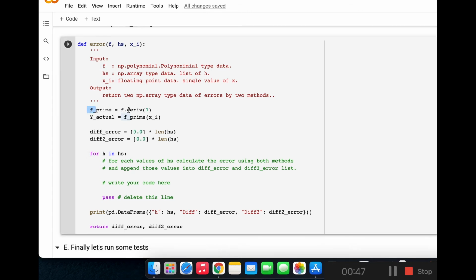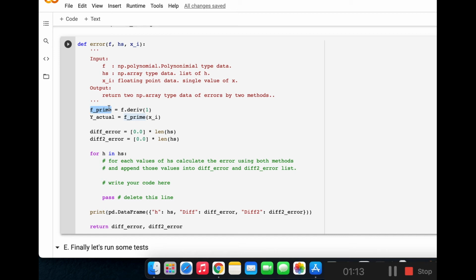They have used the deriv function, which is a built-in function, and they have found the derivative equation by calling this function on the polynomial f that was given to us. So after we call deriv on f, we get the main derivative function, that is the differentiation of the main polynomial.